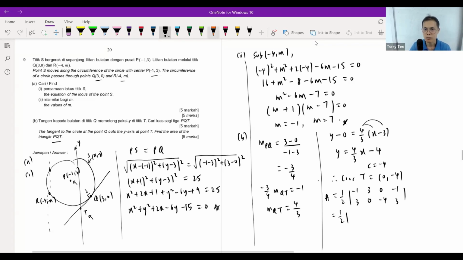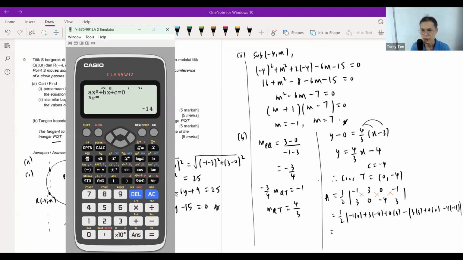Let's multiply downwards, 1, 2, 3, minus multiply upwards, 1, 2, 3. So this is -1 times 0, 3 times -4, 0 times 3, 3 times 3, 0 times 0, -4 times -1. Show your working, multiply one by one.